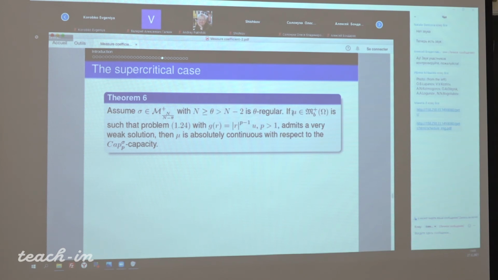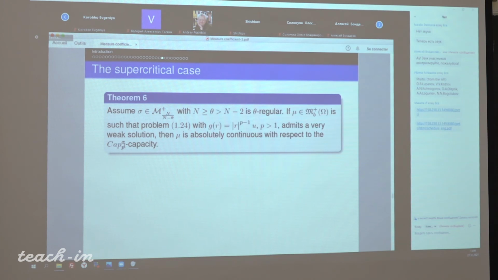Then if you can solve the problem with a bounded measure mu, with g of r equal r to the p minus 1 times r, then if there is a solution, we know that this measure is going to be absolutely continuous with respect to the capacity that I just defined.